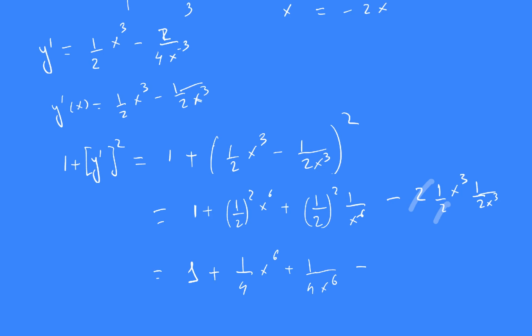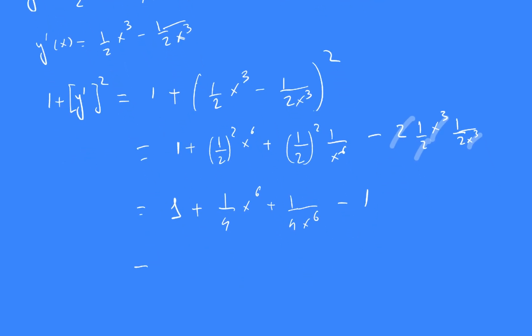Yes, x cubed divided by x cubed will cancel, so it will be minus 1. So I'm lucky because now what I have is 1/4 times x to the 6, plus the 1 will cancel with the 1.